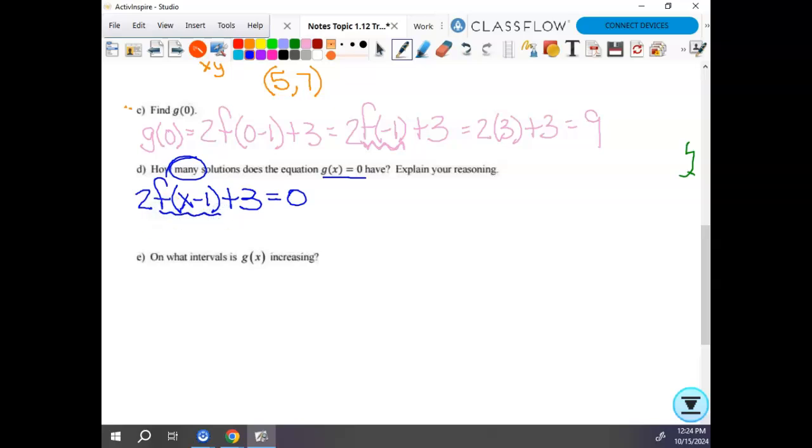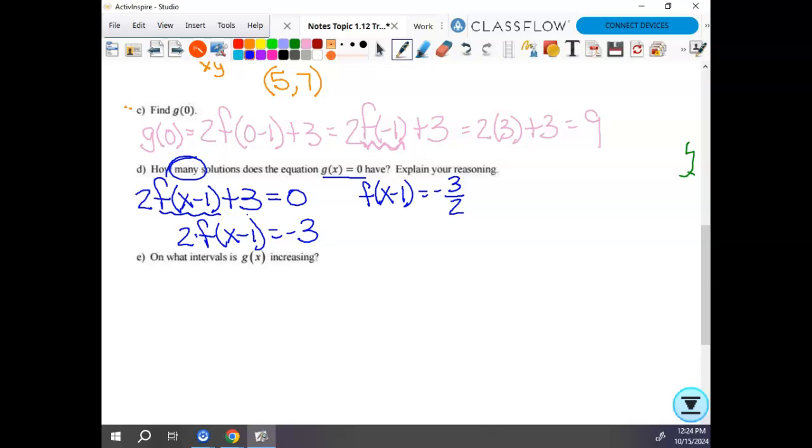I'm just going to treat that like one big variable. So I'm going to start by subtracting 3 from both sides. So I get 2 times f of x minus 1 equals negative 3. Then this is being multiplied. So I'm going to divide, and I'm going to get f of x minus 1 equals negative 3 halves.